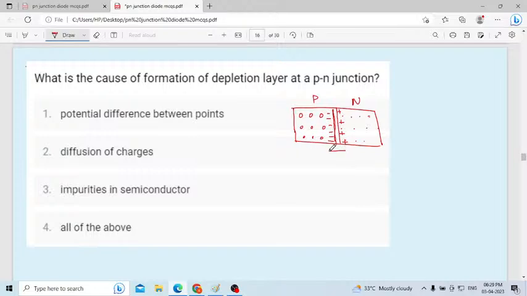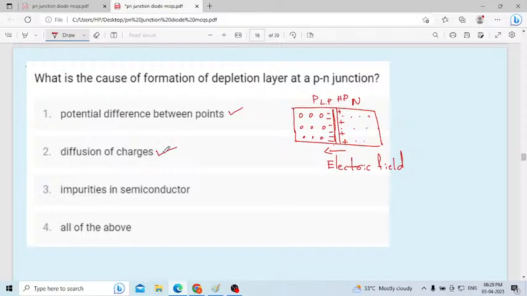Then it will create an electric field also. This is the electric field. Positive normally means higher potential, negative means lower potential. Therefore your first option, potential difference between the two points, also plays an important role in the formation of the depletion region.